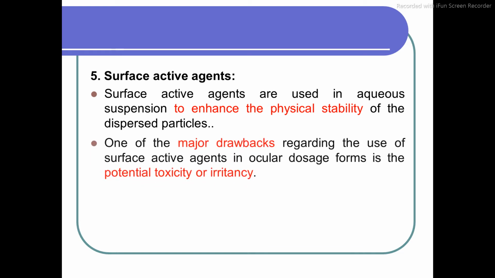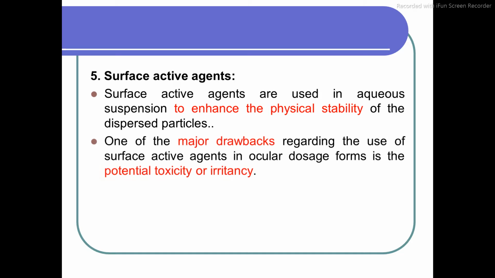One of the major drawbacks of using surface active agents is potential toxicity and irritancy. So we must take care when using the surface active agent. What type of surface active agent we are using is very important, because very limited surface active agents are available for use in ophthalmic preparations.